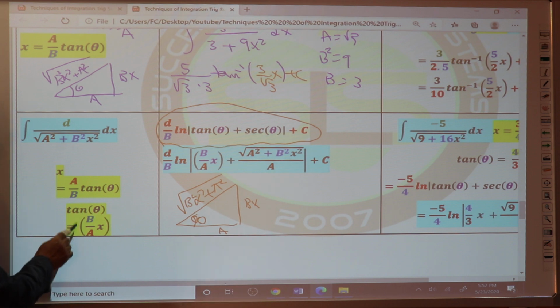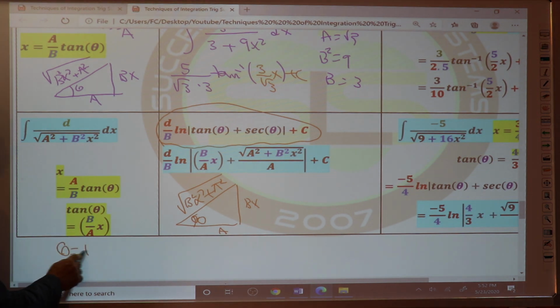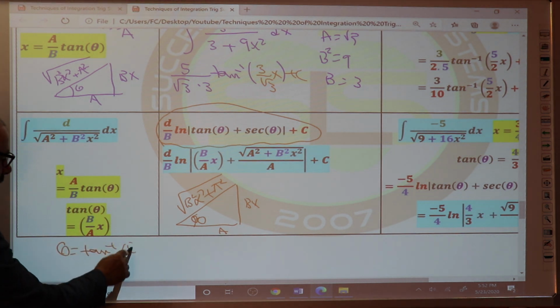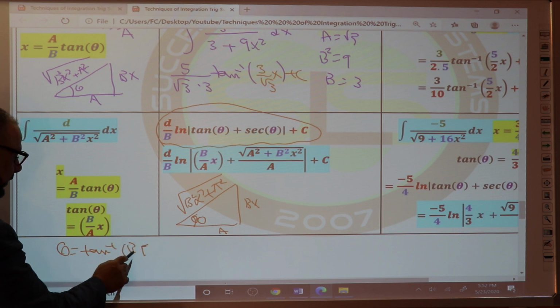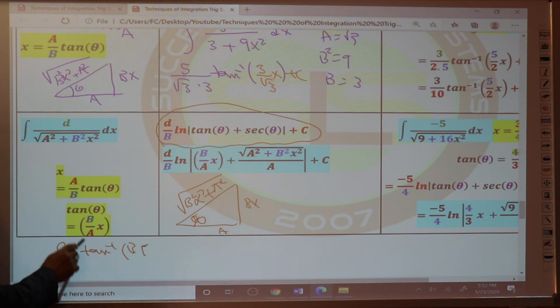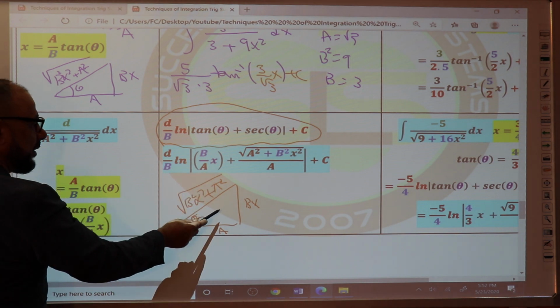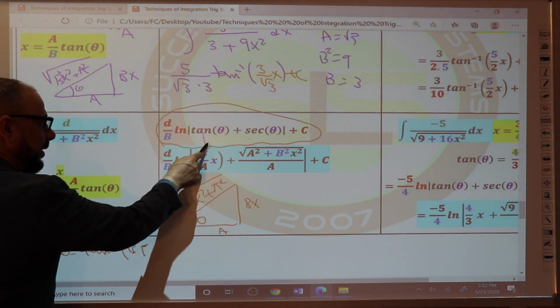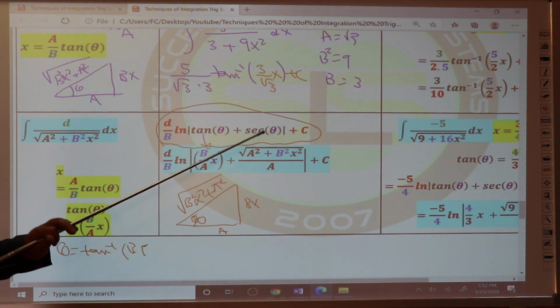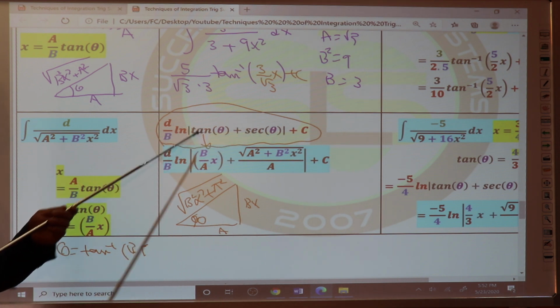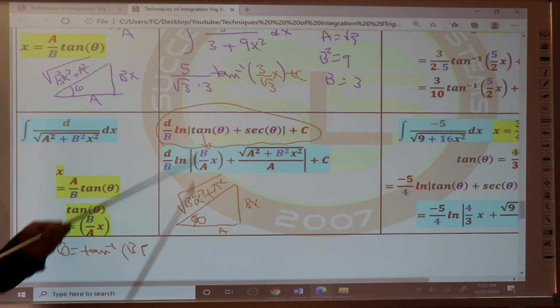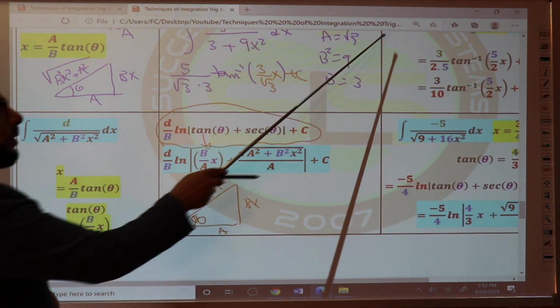Look here, I need to show you theta equal tan inverse of b. Tan theta here, bx, look here, tan theta is what? To know how I got this one, tan theta equal bx over a, right? Tan theta equal bx.